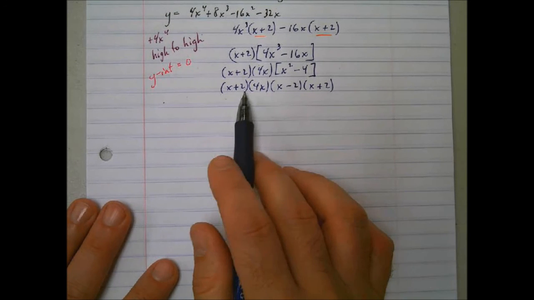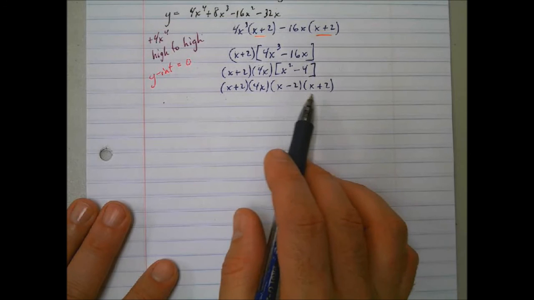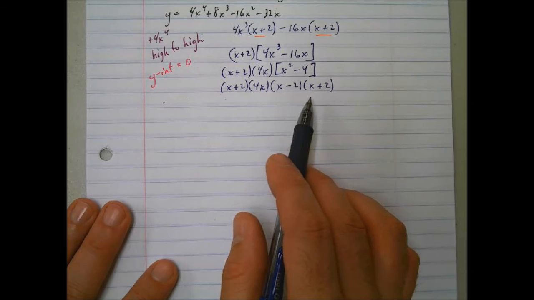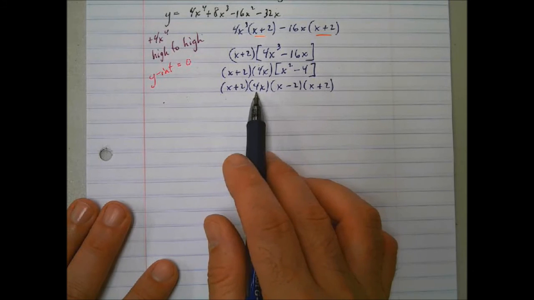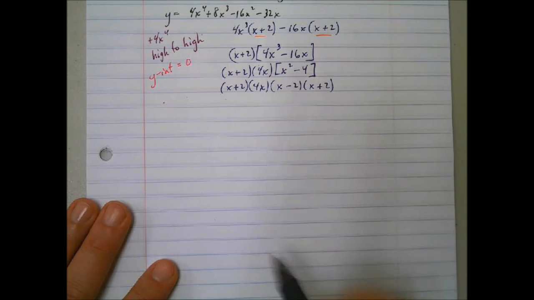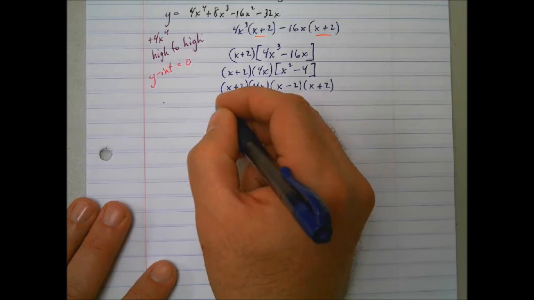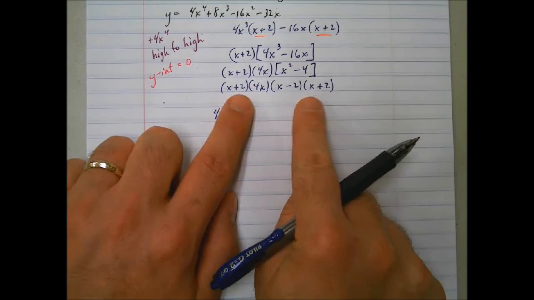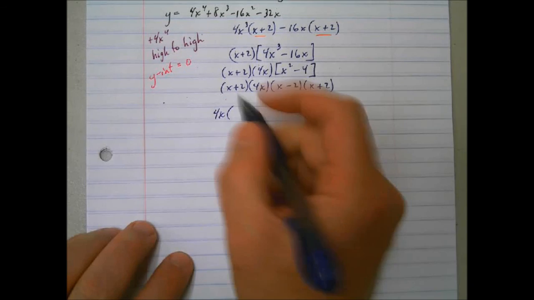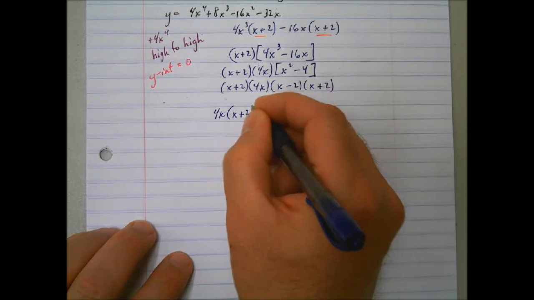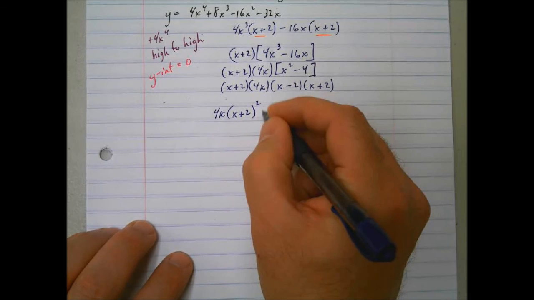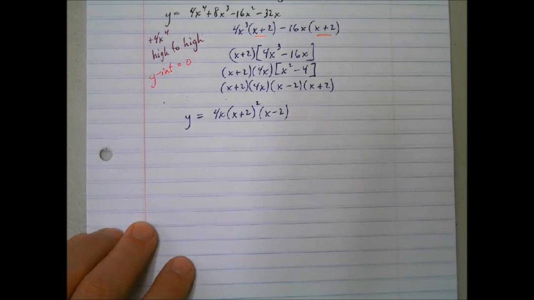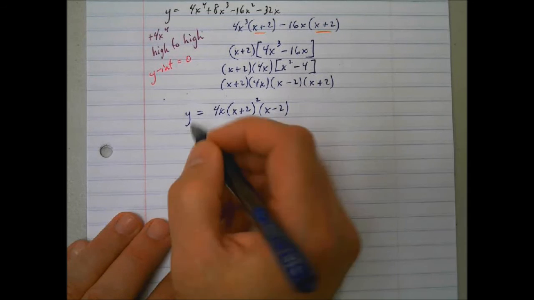Okay, so if we multiplied all that out, do we still have a positive 4x to the fourth? Yes. Okay, we like to bring the GCF out to the very front. So 4x times, now notice we have two x plus 2's. So x plus 2 quantity squared times x minus 2. And that's the function, so y equals.